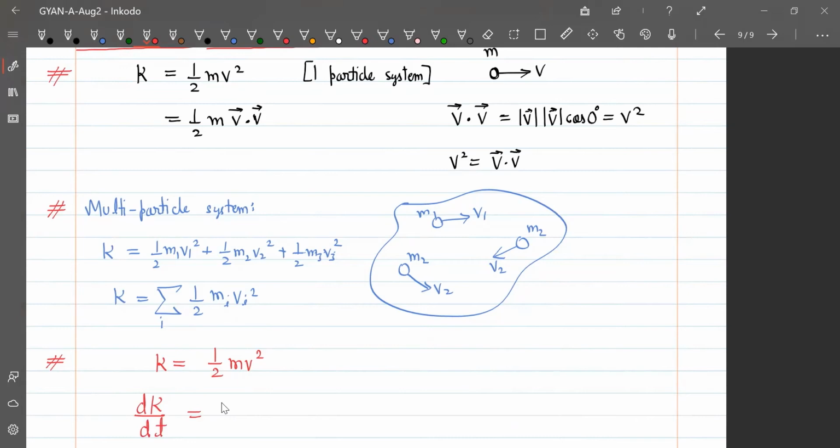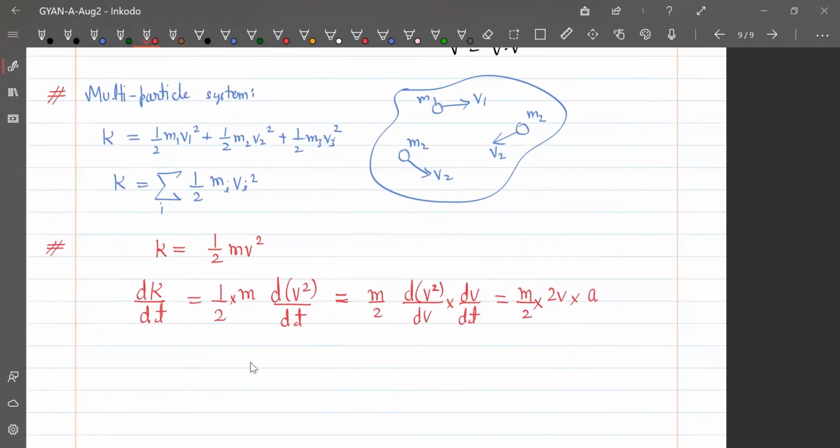So dK by dt that will give you half of, अच्छा मास कांस्टेंट है तो मास को बाहर निकाल सकते हैं, then d of v square by dt. m by 2 कांस्टेंट है इसलिए बाहर ले सकते हैं। So इसको हम लिख सकते हैं m by 2, इसको चेन रूल लगाना पड़ेगा। So d of v square by dv into dv by dt, ये चेन रूल लगा दिया यहाँ पे, because v स्क्वायर को t के रिस्पेक्ट में डिफरेंशिएट नहीं कर सकते, we can only differentiate v square with respect to v. सो v स्क्वायर को v के रिस्पेक्ट में डिफरेंशिएट किया तो 2v आ जाएगा। सो m by 2 into 2v, और dv by dt को क्या लिख सकते हैं, एक्सेलरेशन। dv by dt is acceleration.